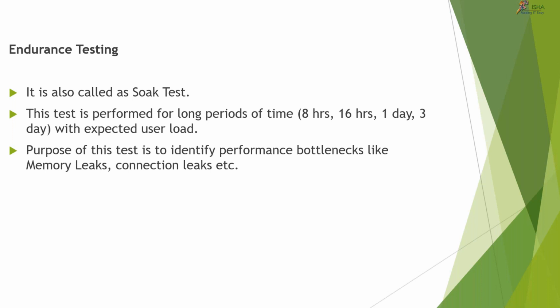Memory leaks are when objects or classes get allocated in memory and are not deallocated within the stipulated amount of time, when garbage collection or other activities happen. Still, the memory usage keeps creeping up, eventually reaches 100%, and then the system breaks, right? That is why we do endurance testing, to see the stability of the application.